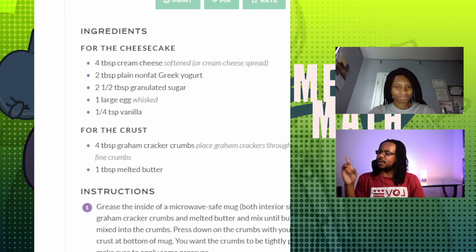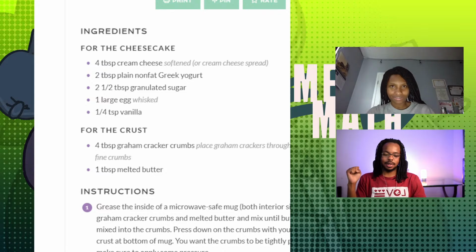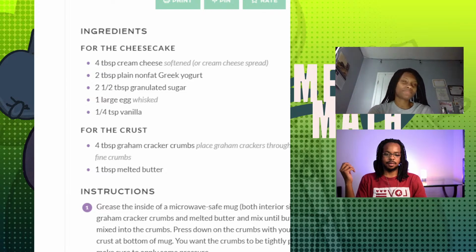We have 1/4 teaspoon of vanilla now. How will we convert that into milliliters? All right, 1/4. So that'll be, is it 0.29 milliliters? Hold on, let me think. Oh, we're thinking of teaspoon. That's right. Okay.